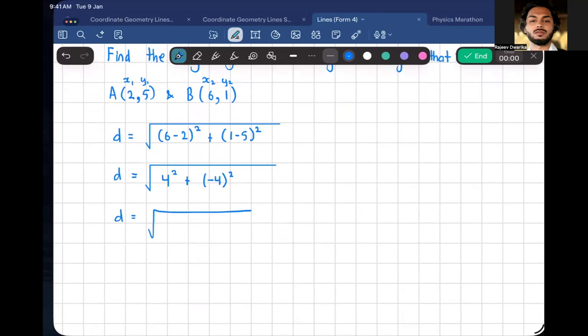What is 4 squared? 8. No, wait, it's 16. Sorry. What is minus 4 squared? How many of you think that minus 4 squared is going to be minus 16?